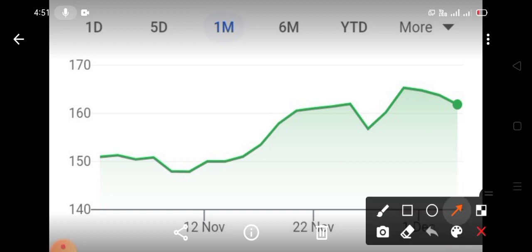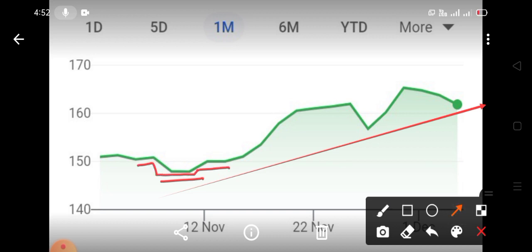In 1 month the trend of Apple stock is in uptrend, and you see Apple's stock low is below 150 and a major breakout, you can say inverted cup formation, happened above 150.